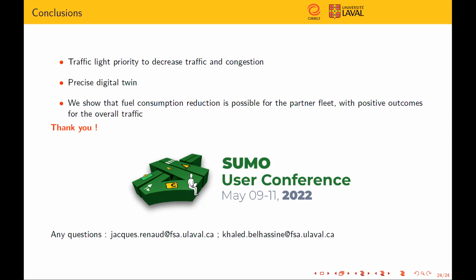I'm not sure that it's good, but we succeeded in performing a precise simulation, and we show that it is possible to reduce the fuel consumption of our partner, and we also found some positive outcomes for the overall traffic, which is a good finding also for the people of the city.